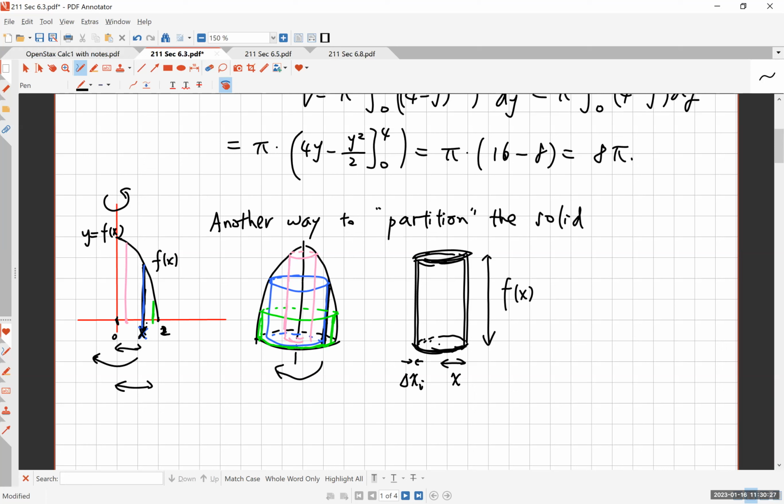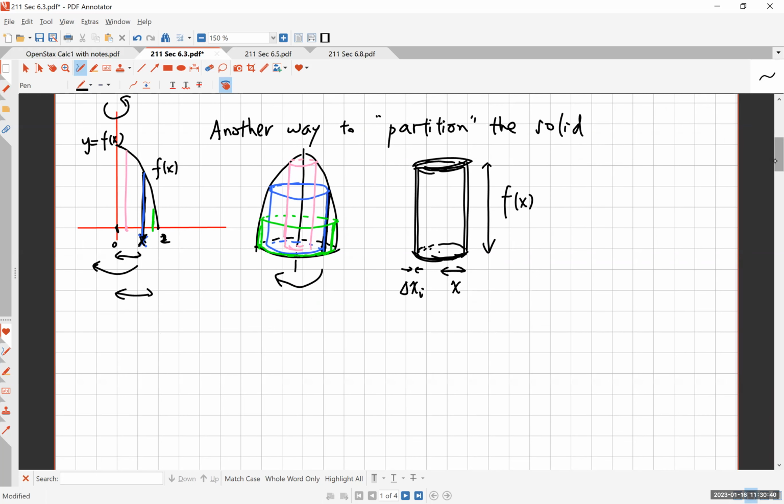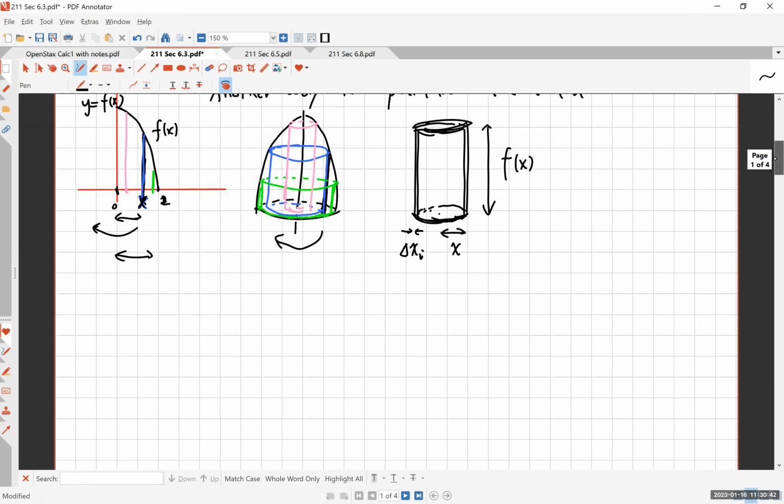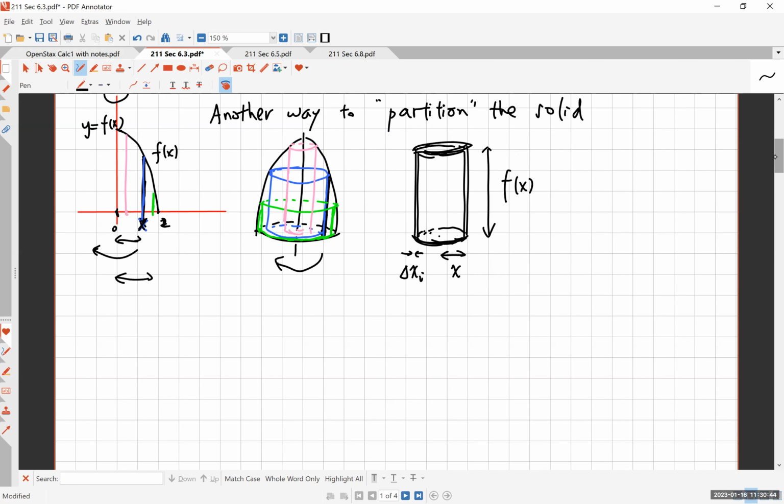So you integrate with respect to x from 0 to 2, right? Even though you are rotating about the y-axis, right? So the shell method is going to allow you to rotate about the y-axis, and you can still integrate with respect to x.